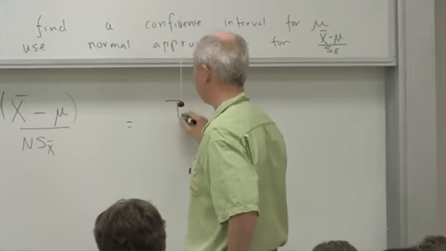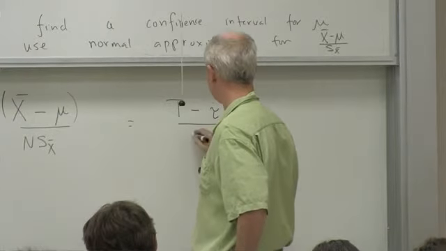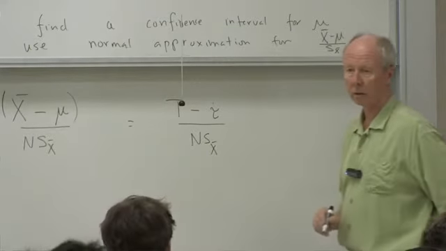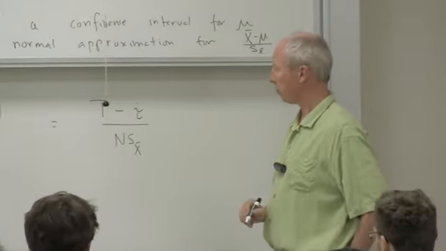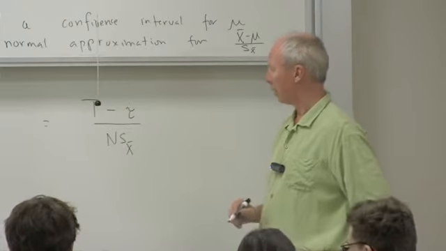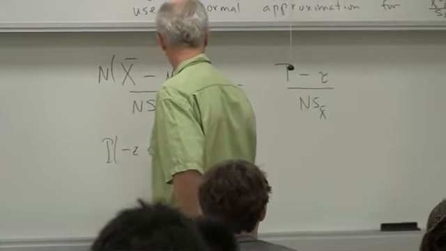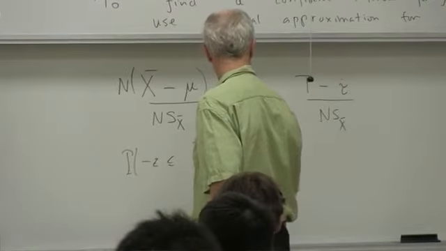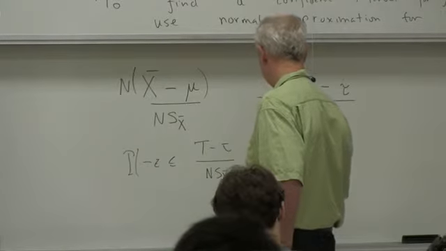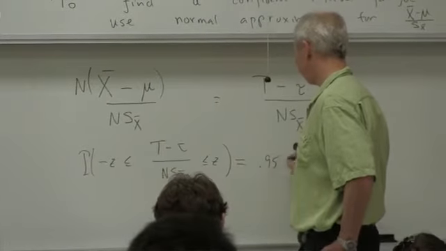Then this becomes capital T minus n mu, which is tau, over n s x bar. So we want the probability that minus z is less than or equal to capital T minus tau over n s x bar, less than or equal to z, to be equal to about 0.95, right?